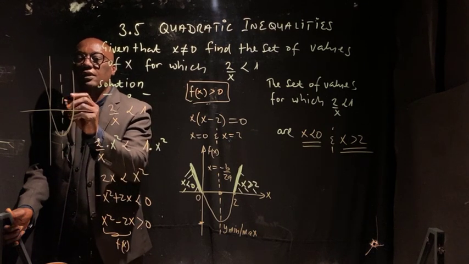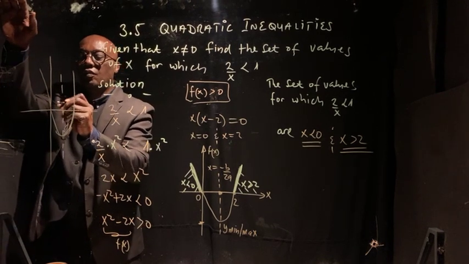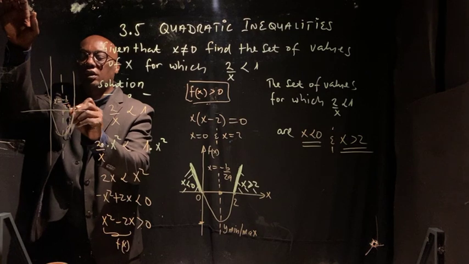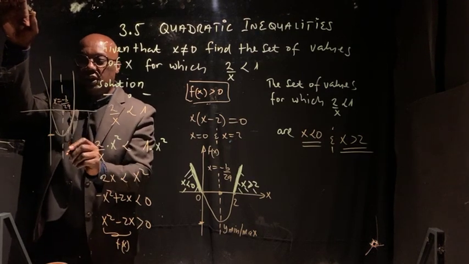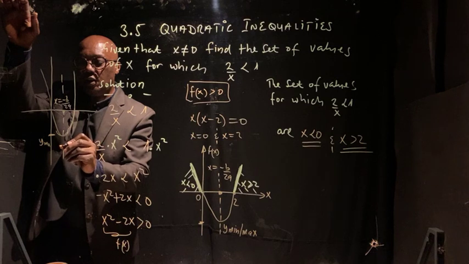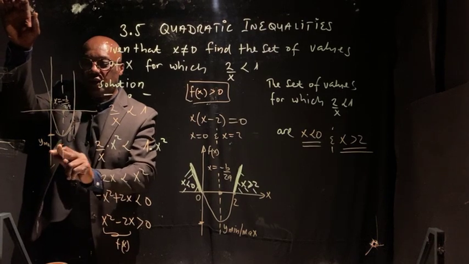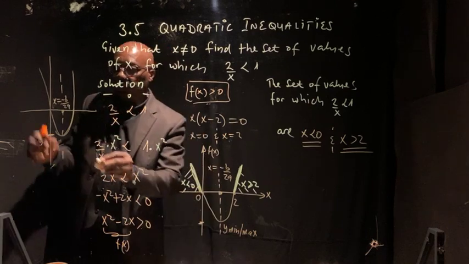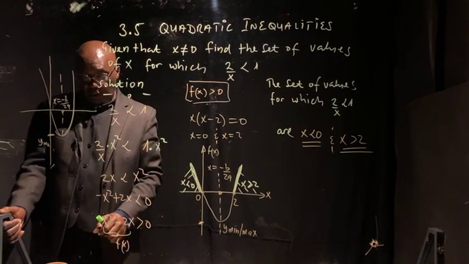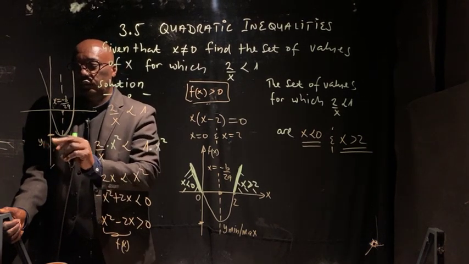This point is x equals negative b over 2a. And the y minimum is this point.